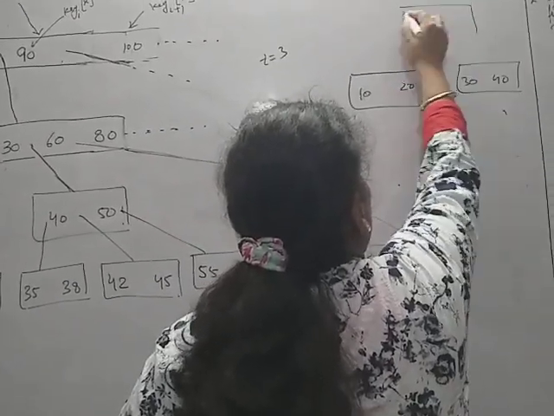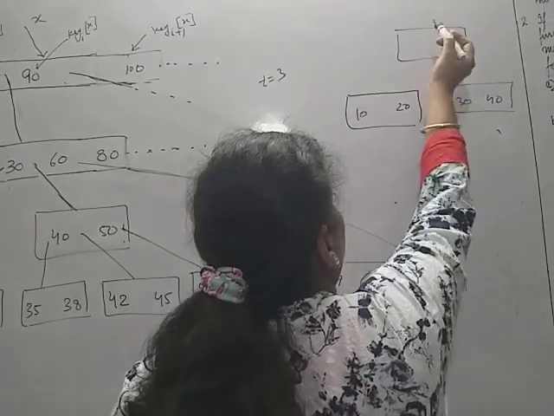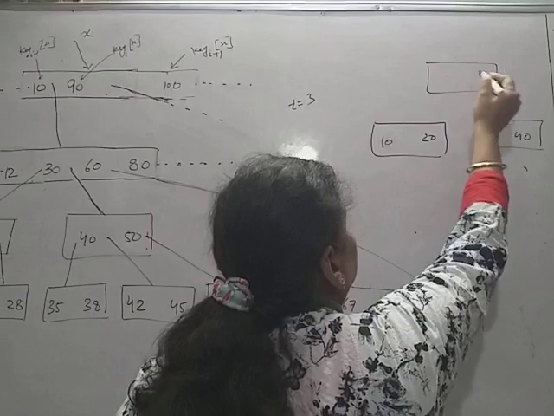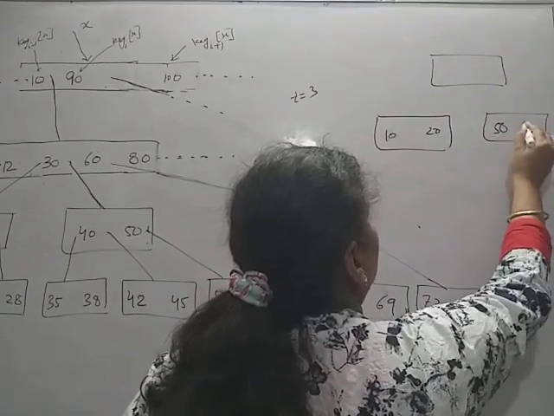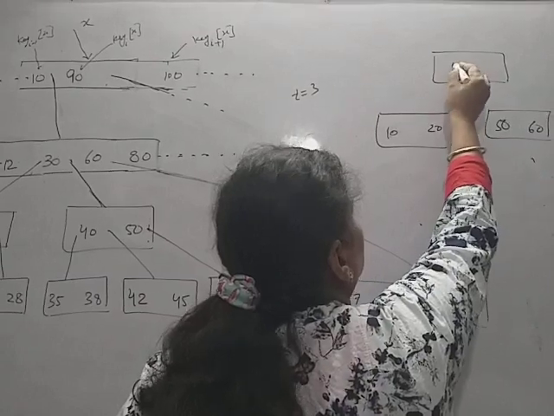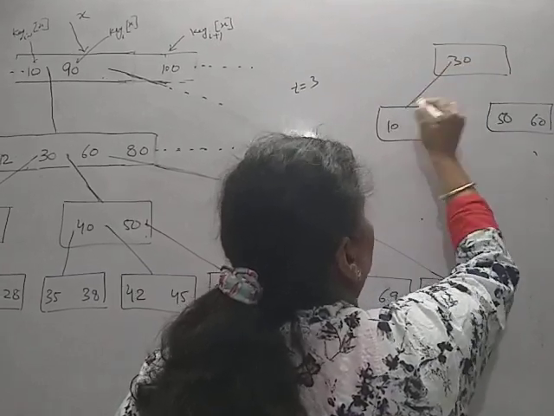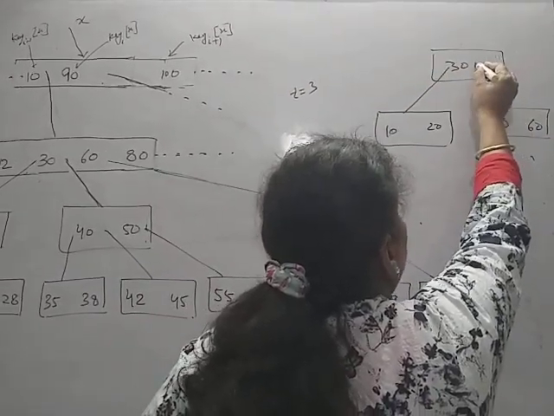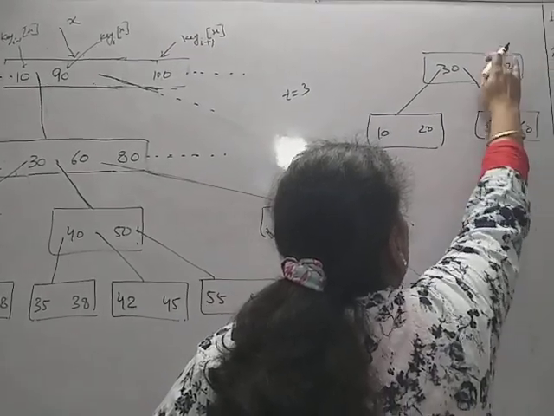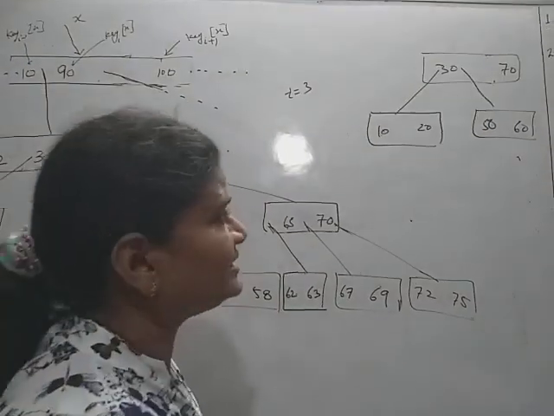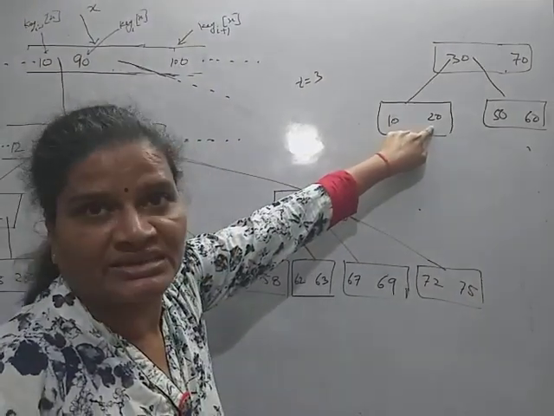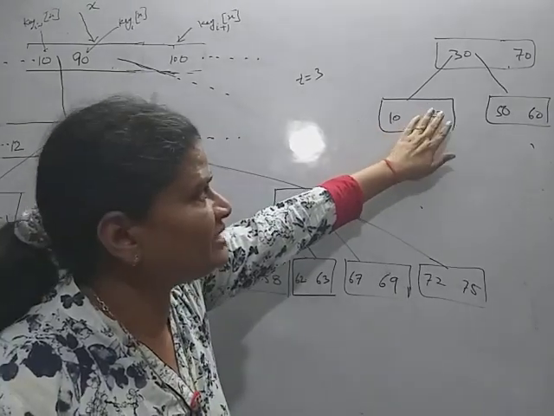And here suppose this is 50 and 60, and this is say 30, and here this is 70. Suppose here I am deleting one key 20 from this node.